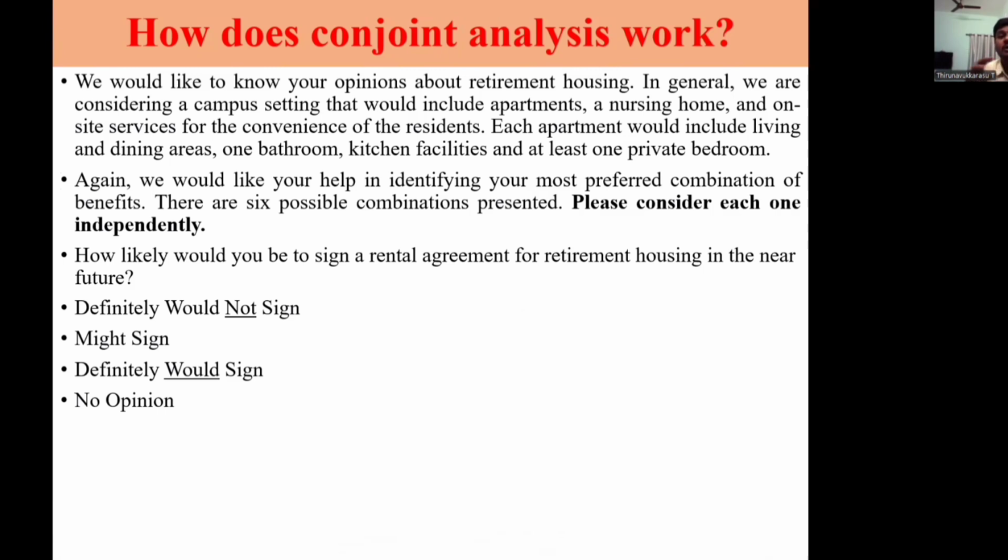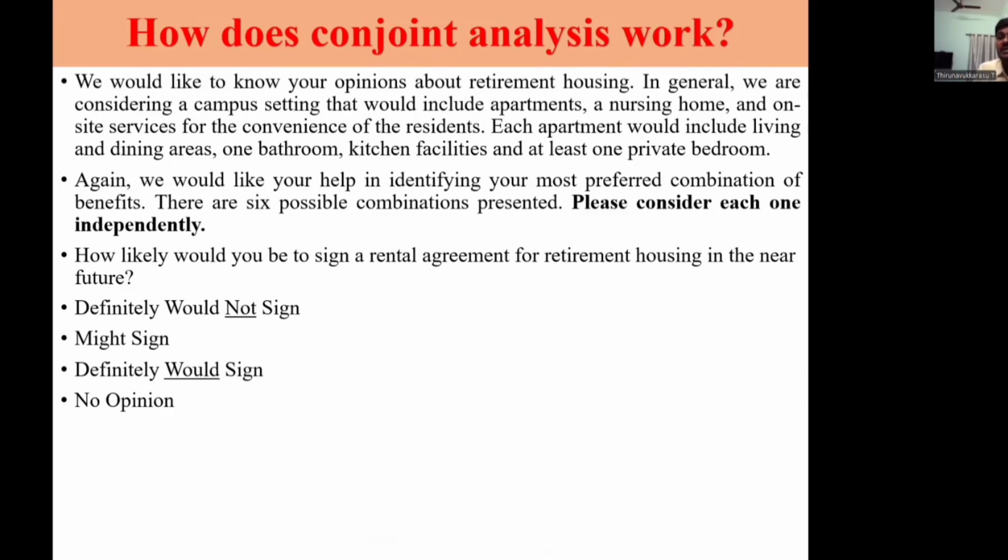Each apartment would include living and dining areas and other things. Here, the options I am going to present in front of you, you may decide which option you are going with, right?